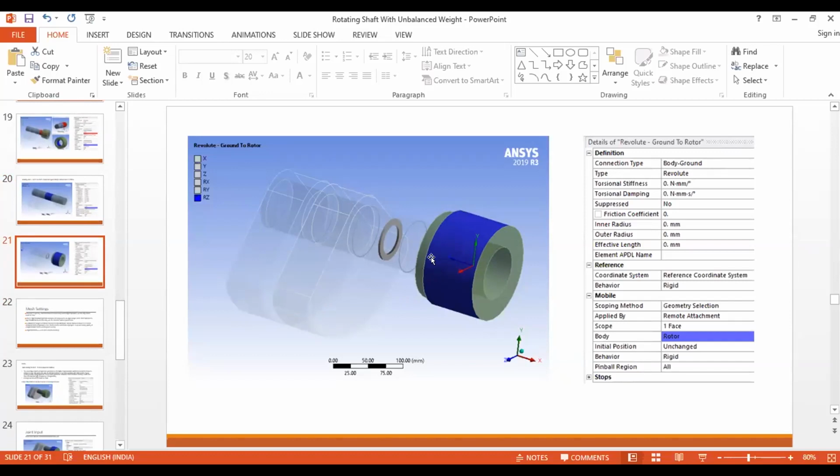Then there you will select the revolute ground to rotor option, and then you can give the RPM readings. I will explain this in further slides when we get into joint rotation settings.